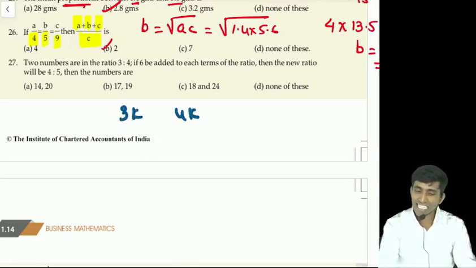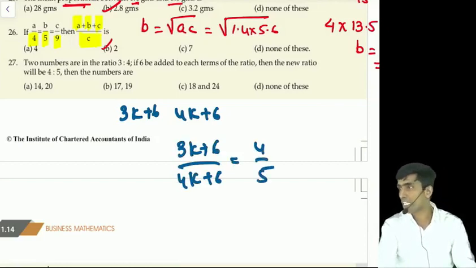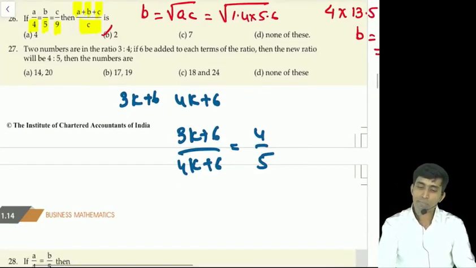If 6 is added to each term, the new ratio is (3K plus 6) upon (4K plus 6). The new ratio is 4 by 5. Right? Cross multiply.